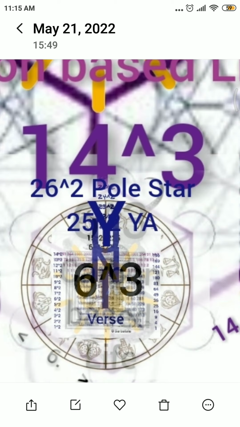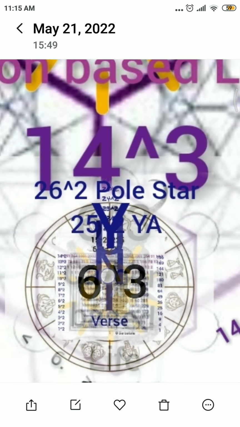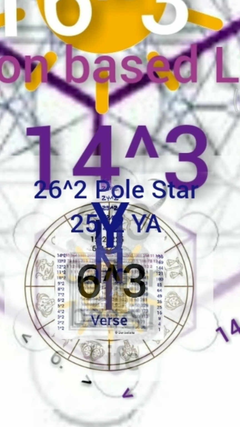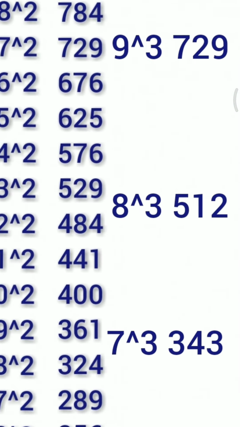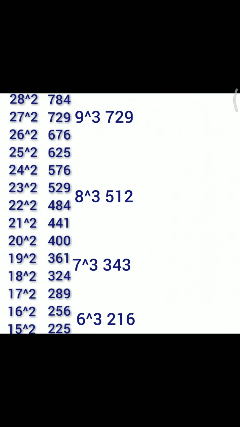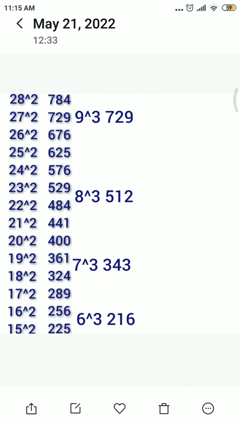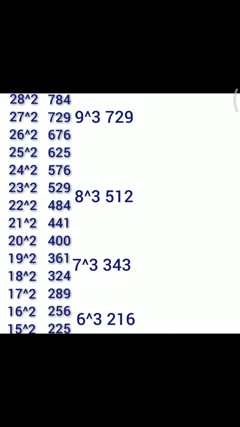Though the bubble is in till 6 cube only, beyond 6 cube, of course, there are even more constellations, more galaxies between 6 cube and 9 cube.